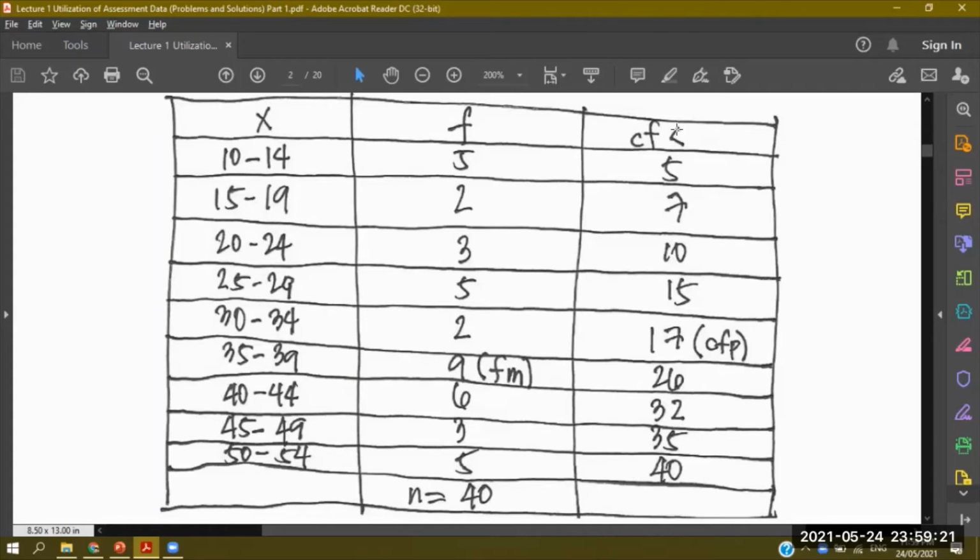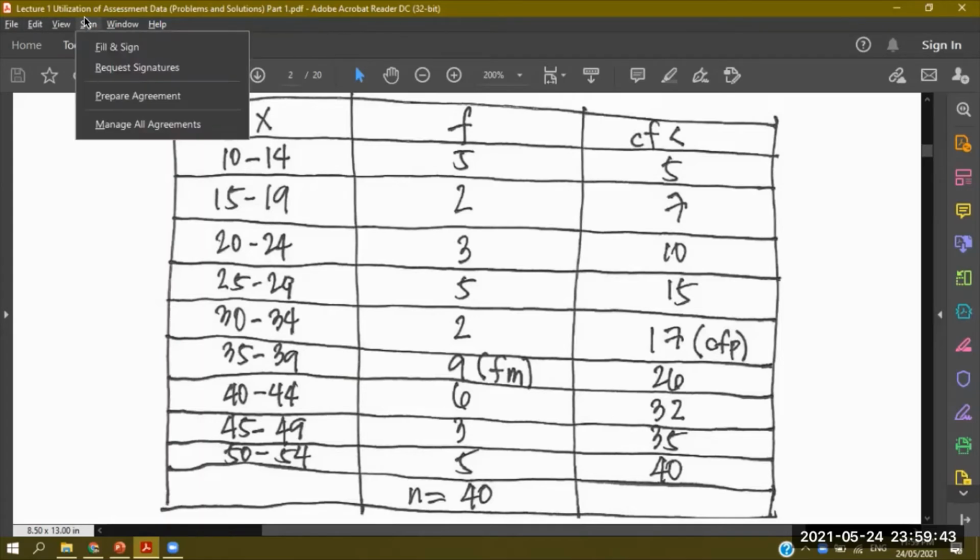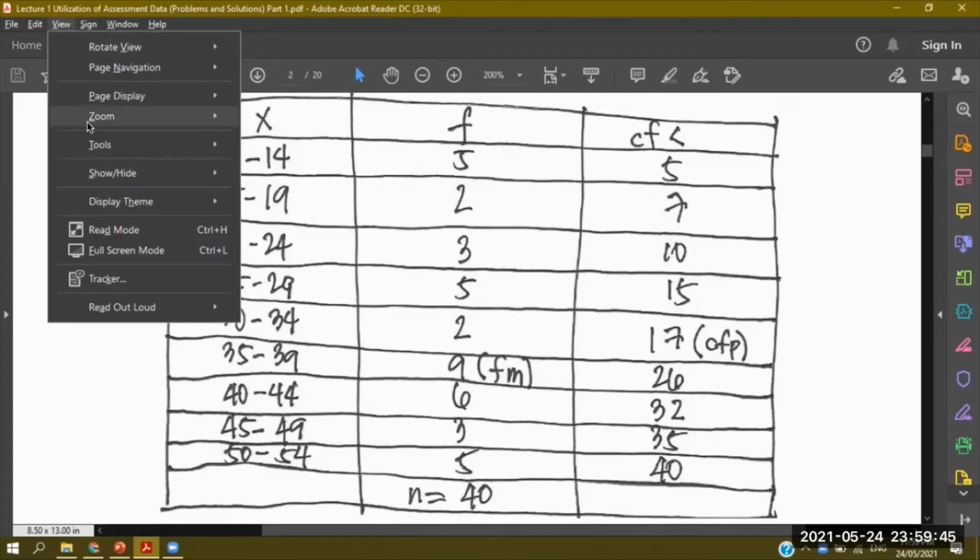CF, less than. We have 5, 7. Let's try to review how to get our CF, the cumulative frequency.